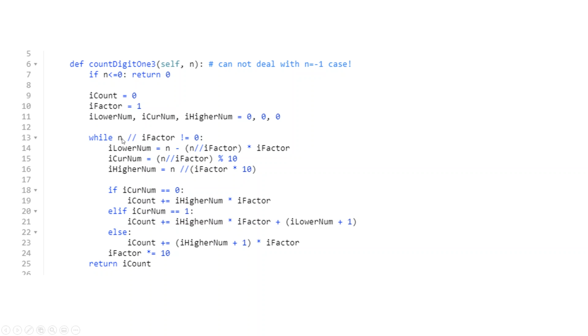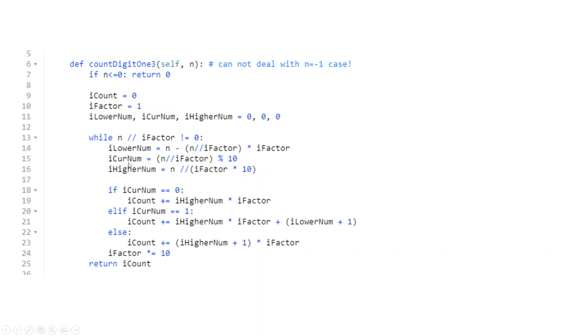For example, if n is 2 and the factor is 10, the division gives 0, because it only has one digit, so we do not need to care about the tens condition, right? So we compute the lower number: we first divide n by the factor, then multiply by the factor, and subtract it from n, and we get the lower number, right?